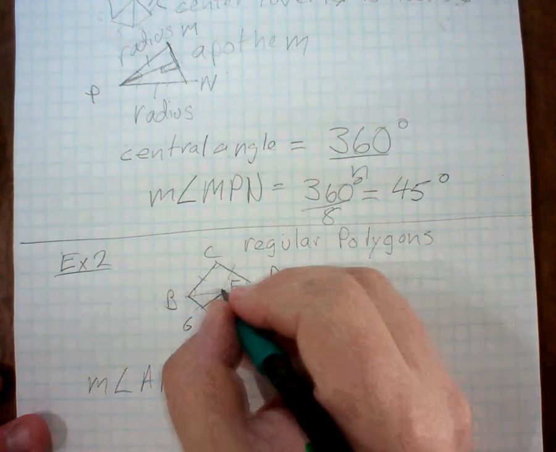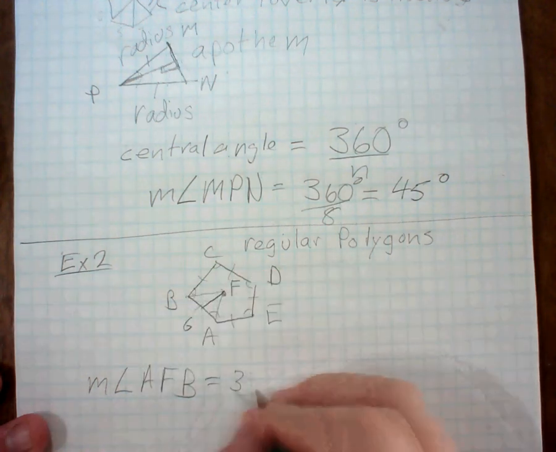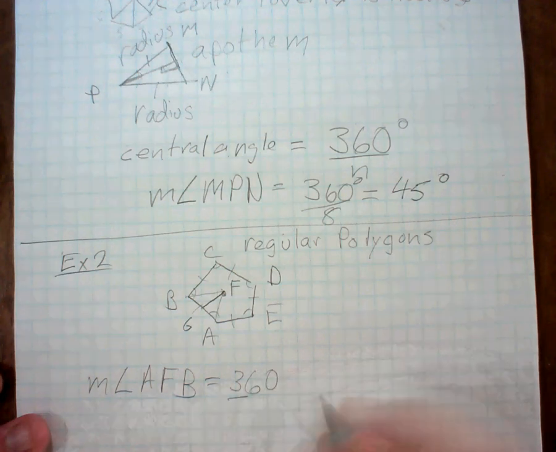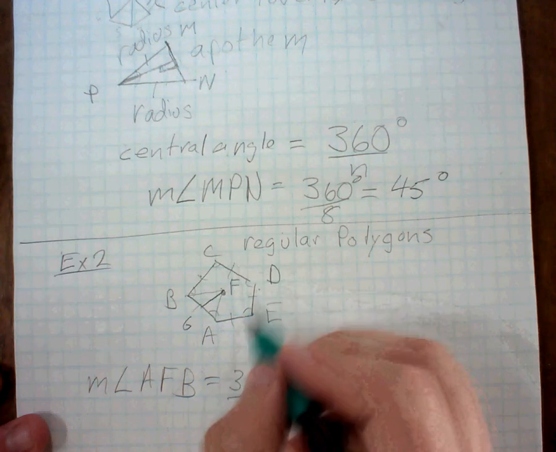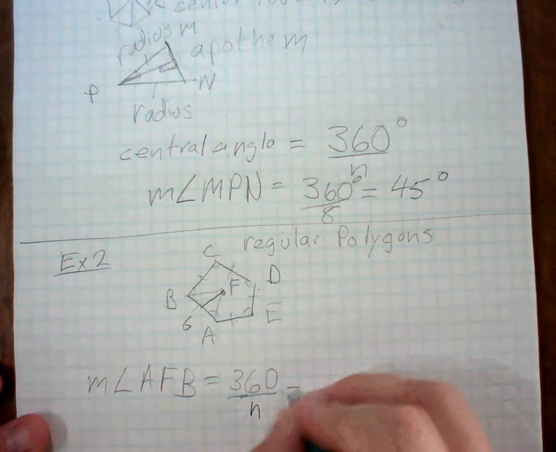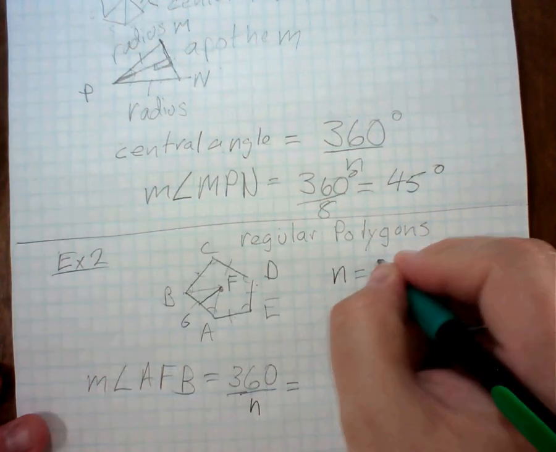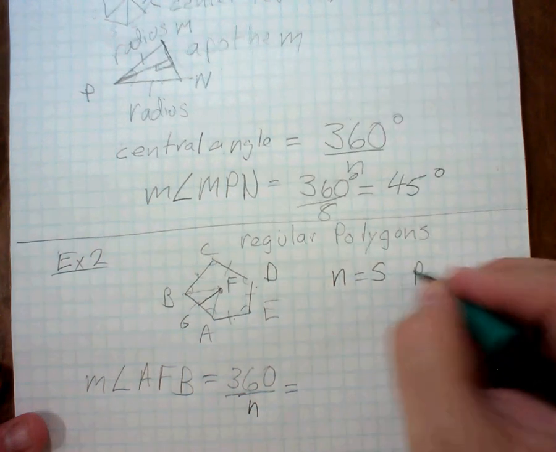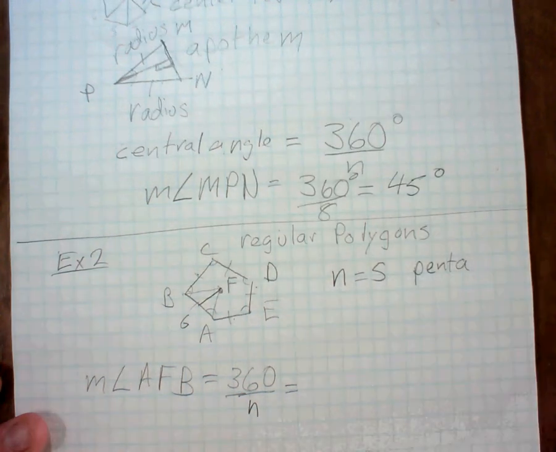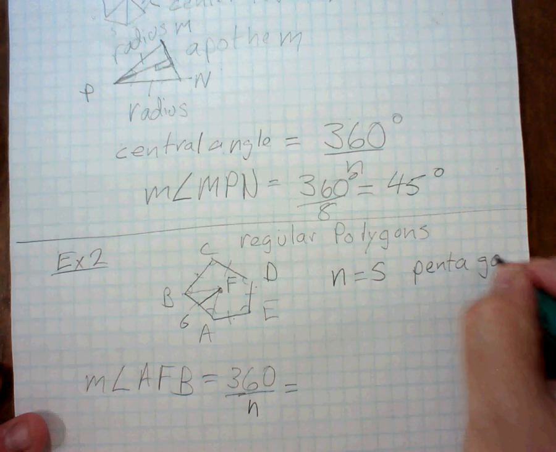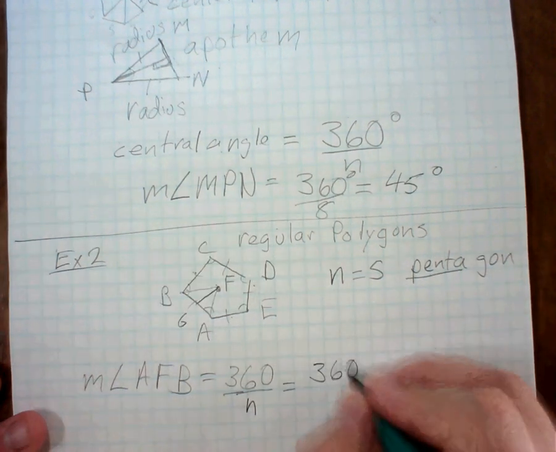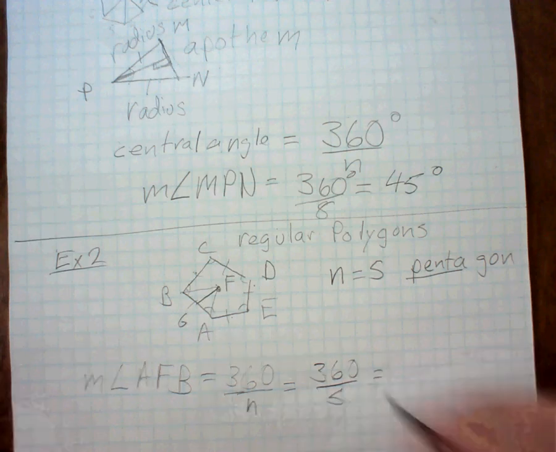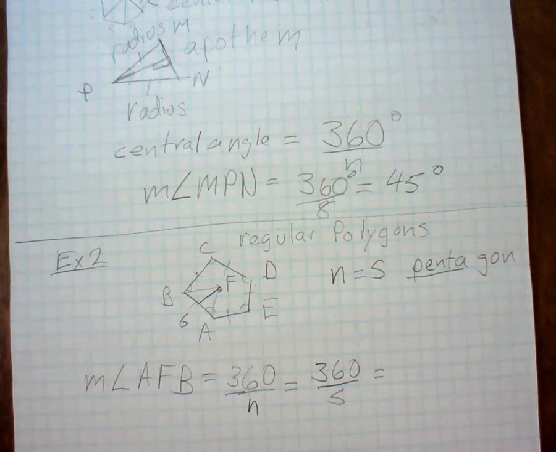So from A to F to B, that's just going to be 360 divided by the number of sides. So it's 1, 2, 3, 4, 5. So this is a 5-sided polygon, which is a pentagon. And so then I'm going to say 360 divided by 5 is equal to 72.